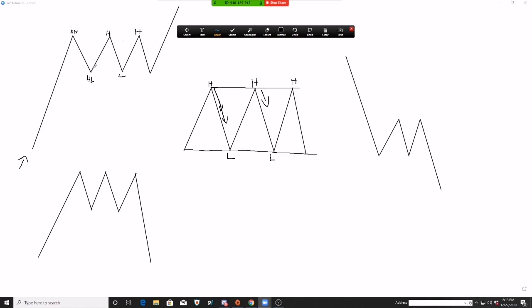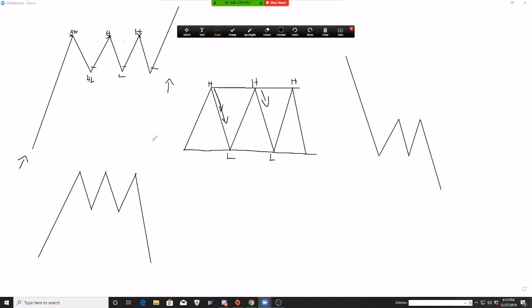Typically in this situation, you really only want to be buying at the lows. You can even stack your orders if you want to, but I would definitely select my targets to be at the highs because you don't know if price is actually going to break out. But typically, through previous back-tested history, we could see that if price is trending bullish and it starts to range, most likely it will break out to the upside.